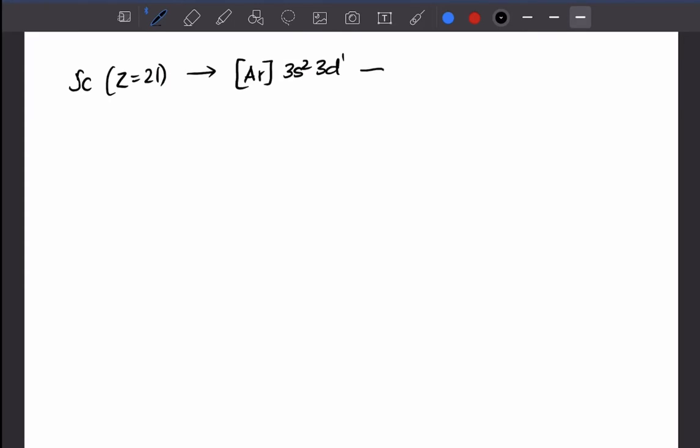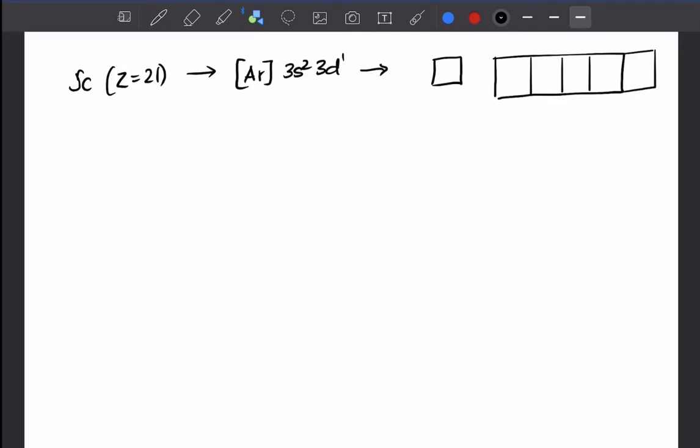So when you write it in the orbital diagram, you have 3s, and then the 3d orbitals, and the electrons are 1, 2, 1. So that's 3 electrons. So this is for scandium.